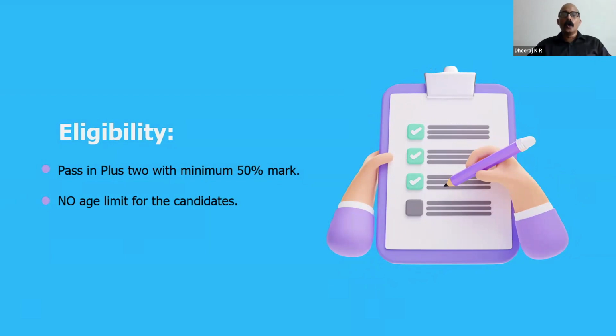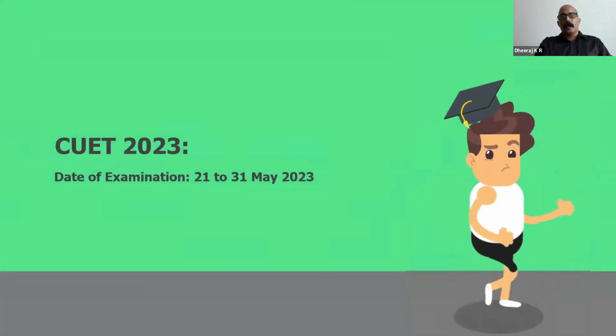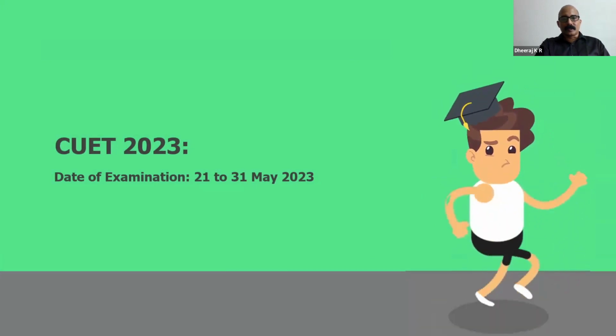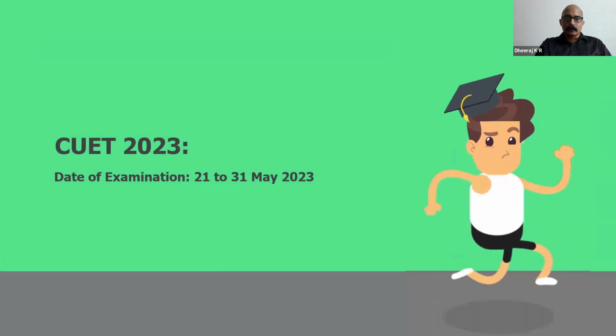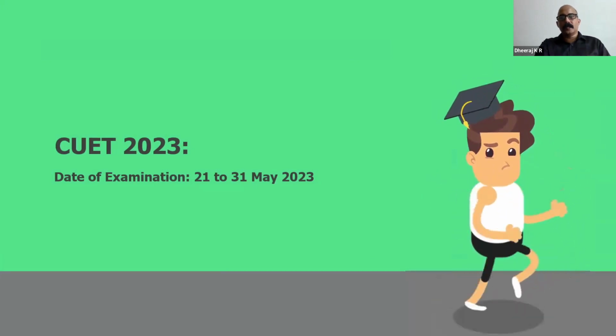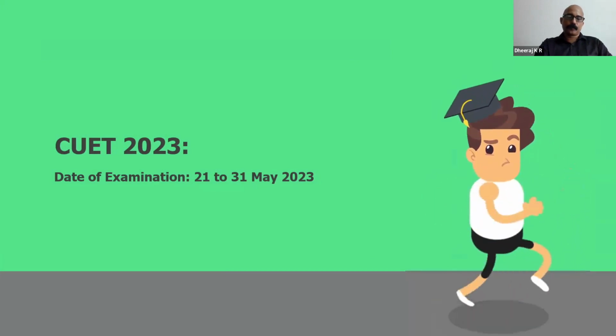But here there is no age bar. Anyone who has completed +2 can write this CUET exam. And this year's CUET exam is conducted between May 21st and 31st. Those who are completing +2 can write the Central University exam between these dates.